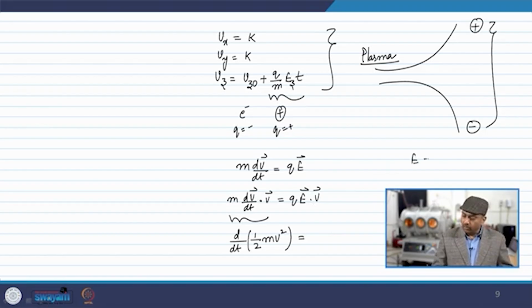So, the electric field can always be represented as the negative potential gradient.